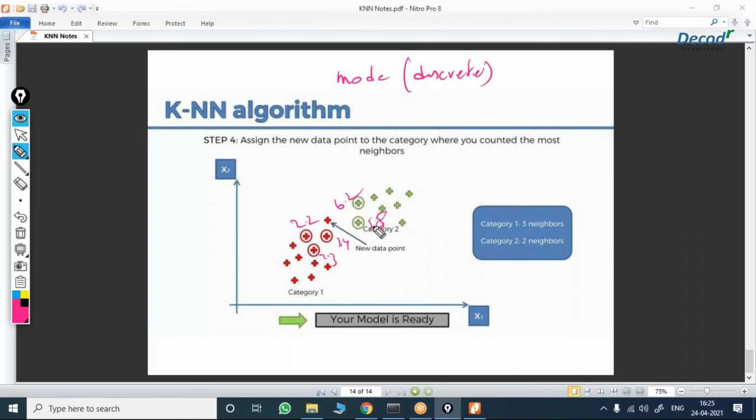Now it is numeric, so just apply the mean. Calculate the average of all the 5 points, and this point is the average of all these points. It is called the KNN regressor. Just take the average. Clear?